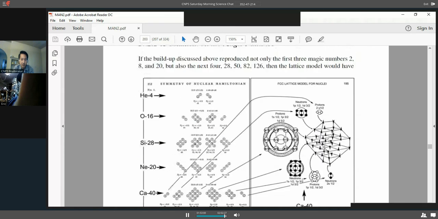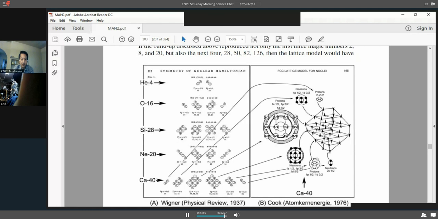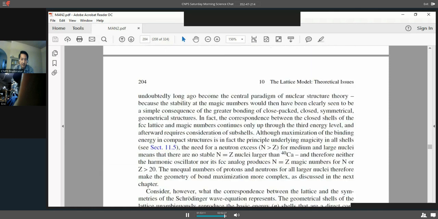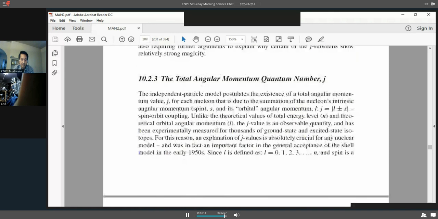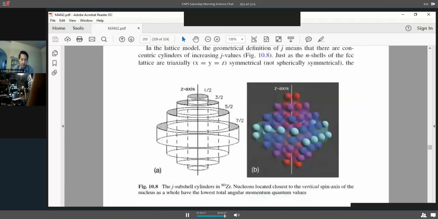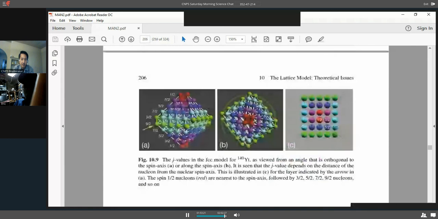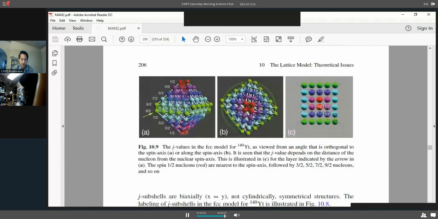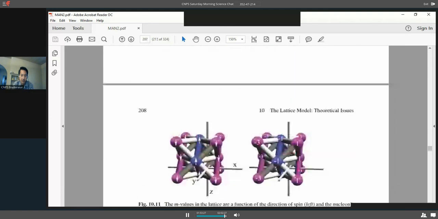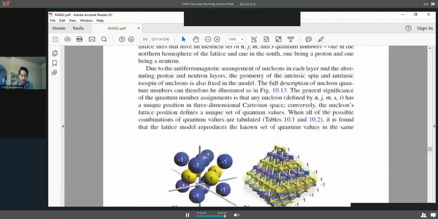And then this is a comment on the magic numbers. So the magic numbers are 2, 8, 20, 28, 50, 82, and 126. So we got some more pretty pictures of what this octahedral structure looks like.